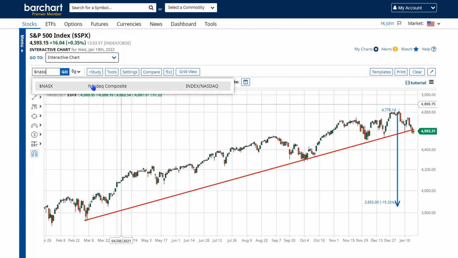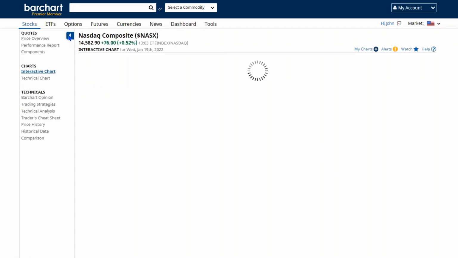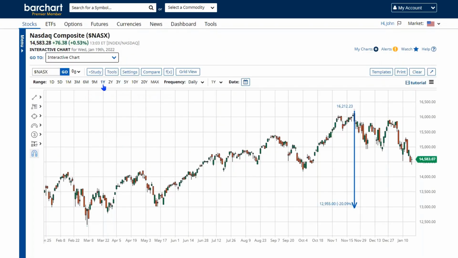If I look at the NASDAQ, again, we can see we're still in an uptrend, but we are starting to see a little bit of change here, aren't we? Not only are the most recent dip buyers failing, but we're now starting to make lower lows.